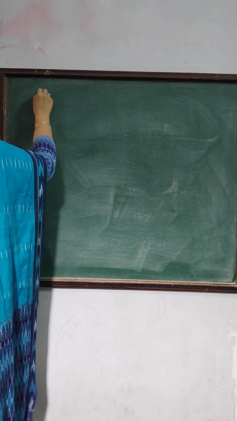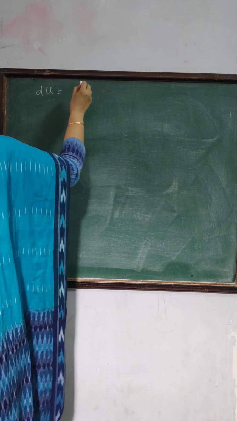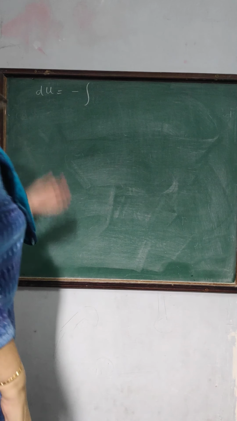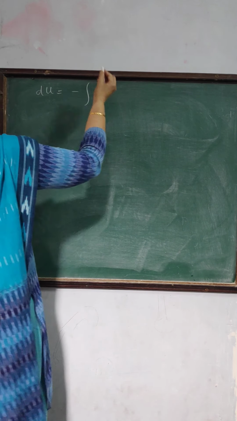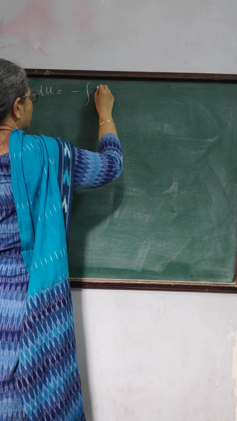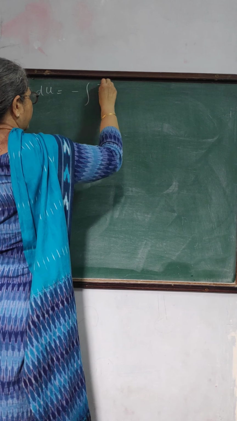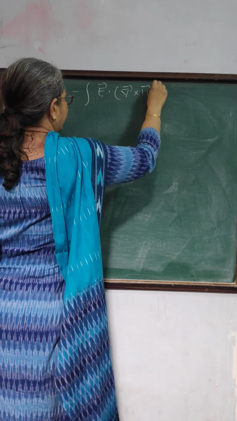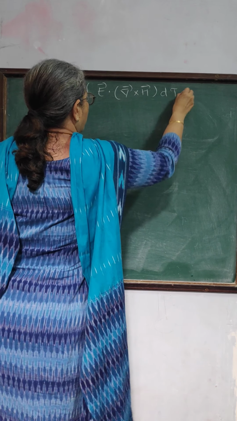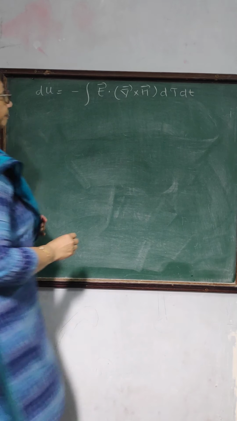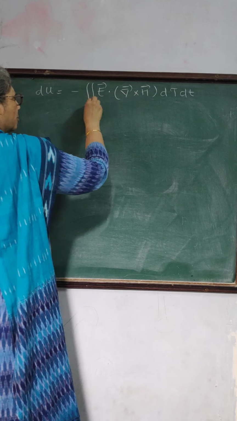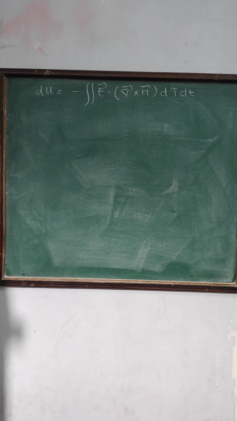Our left hand side was du, and it is equal to minus the integration of E dot del cross H d tau dt.